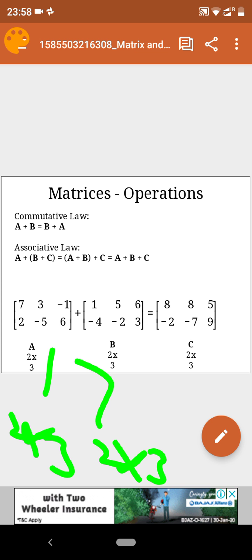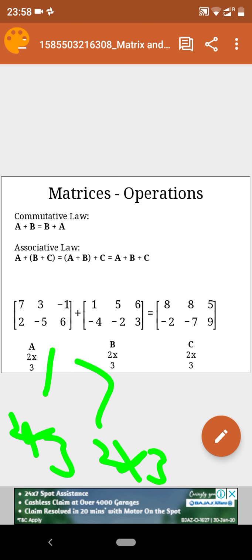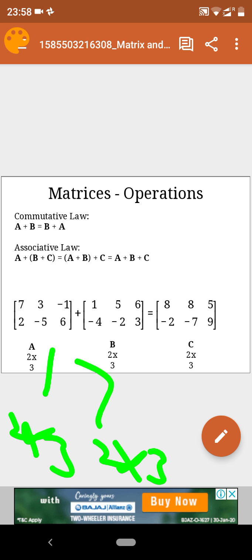The element of the first row and first column gets added to the element of the first row and first column of the second matrix. Similarly, the entry of the first row and second column will get added to the first row and second column of the other. 3 plus 5 will make 8. It's very simple. That is, you add the corresponding elements.